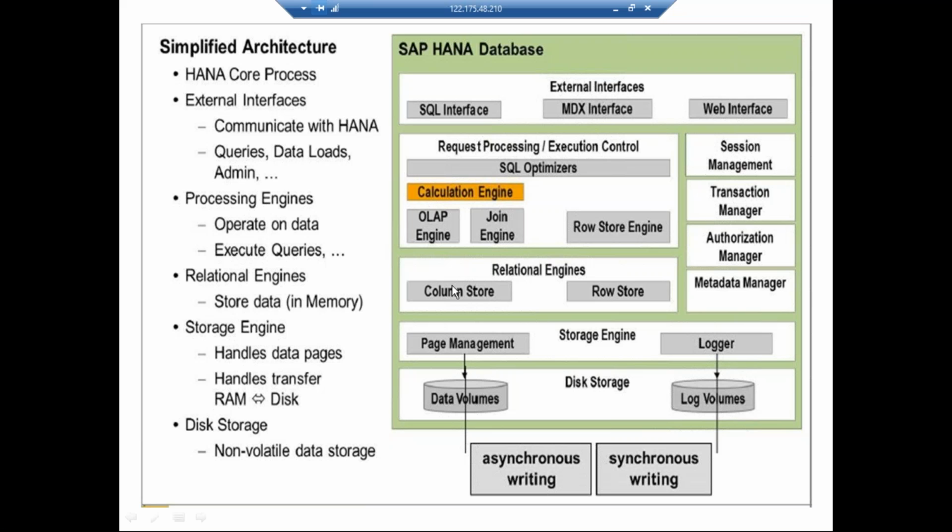So that's the reason why, on top of column store tables, they're given three processing engines. The purpose of the join engine is to process attribute views. OLAP engine is to process analytic views. Calculation engine is for processing calculation views. Three types of views are processed by three types of engines.